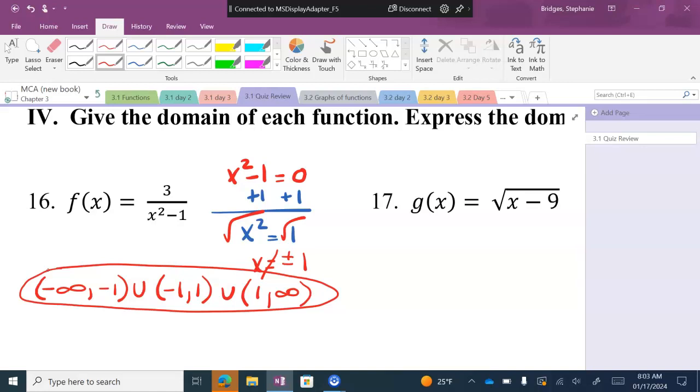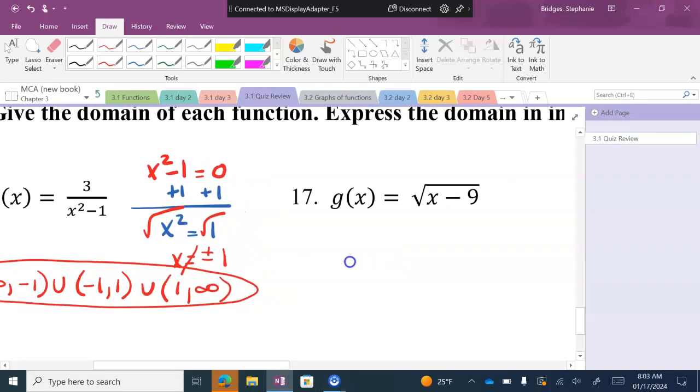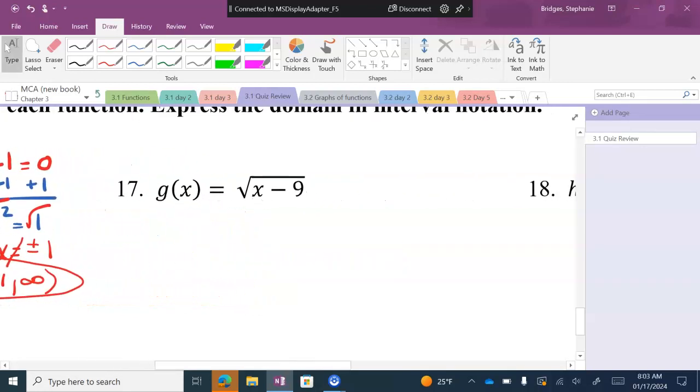All right, 17, what do I have there? A radical, and it is an even index radical. It is a square root, so that is going to give me some restrictions. So what we do is we take the stuff under the radical, the x minus 9. I need it to be either 0 or positive, so what inequality did we write? Greater than or equal to. Okay. We're going to solve. So I get x has to be greater than or equal to 9.